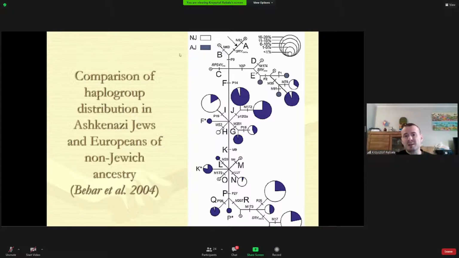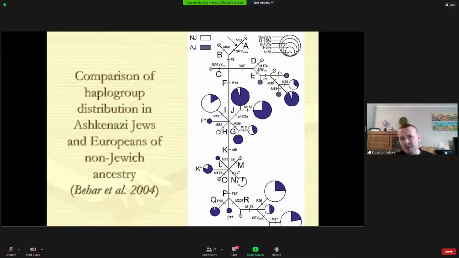Okay, and these blue labeled areas are haplogroups which are found in Ashkenazi Jews, and the white labeled areas are haplogroups found in non-Jewish Europeans.